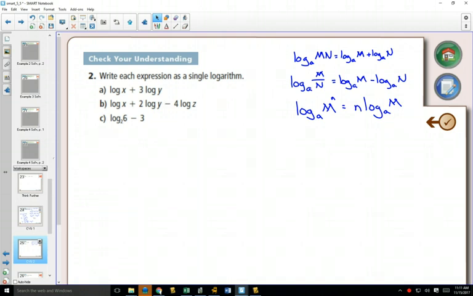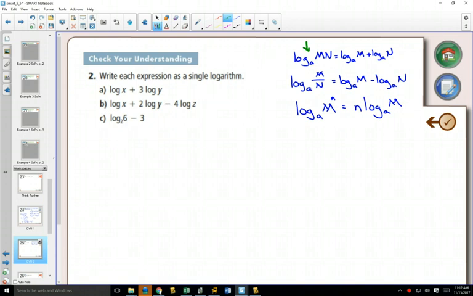Again, you want to take stuff on the right-hand side and write it as a single logarithm, which is changing it to the left-hand side of all your formulas. So the first thing most people see is a plus sign, and they say, hey, I'm adding logarithms, I want to use the first one.